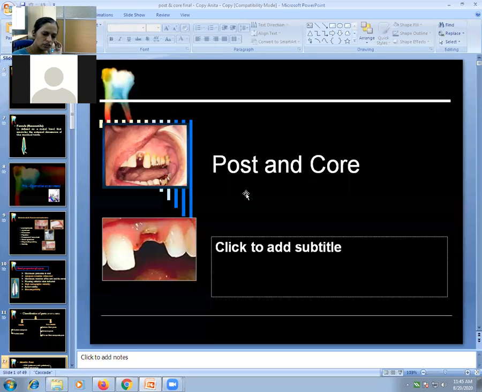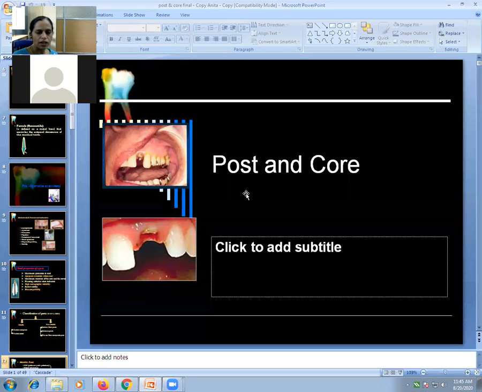Retention we can improve with the luting cement we choose, a cement which bonds to the root dentin, like dual cure composite resin or resin modified GIC, which bond to the tooth structure. If given a choice, you should choose a cemented post and lute it with a cement which bonds with the root dentin.